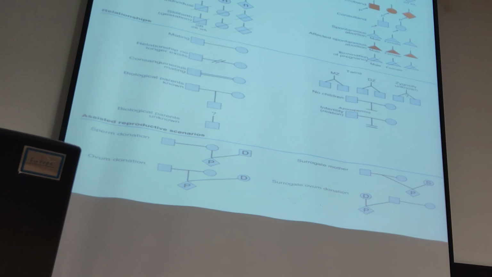If there is a pregnancy, we write P inside the symbol. What does this P mean here? Probability. Probability to have the proband. So what does it mean? This is my question.